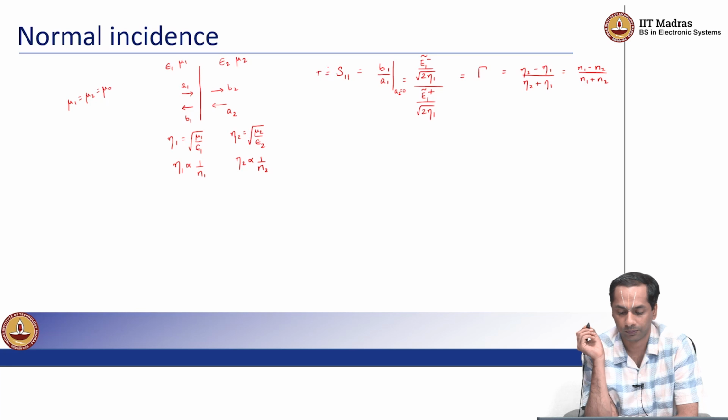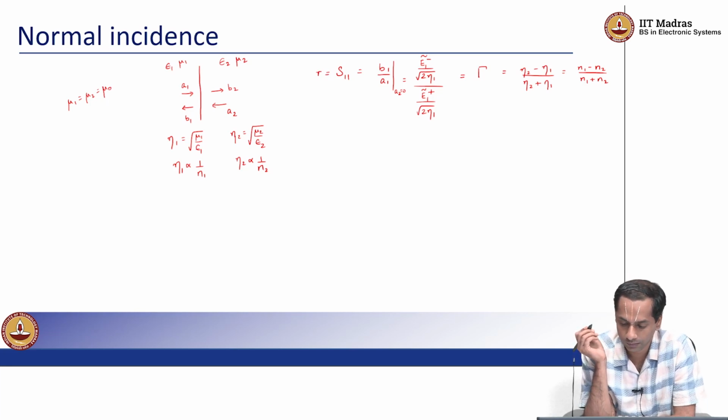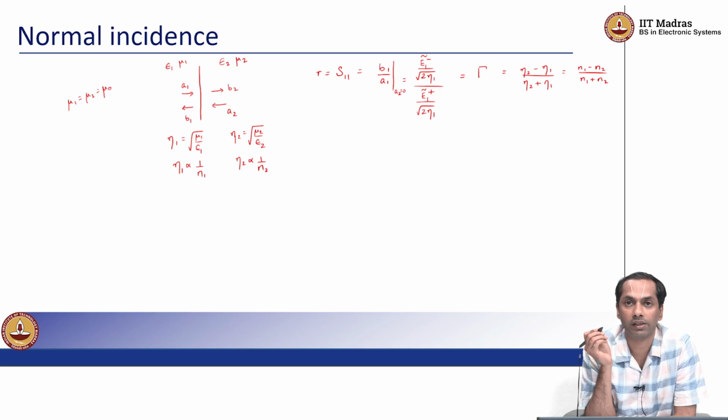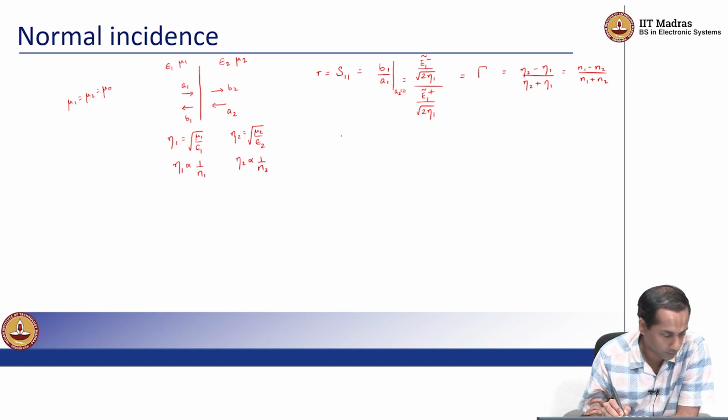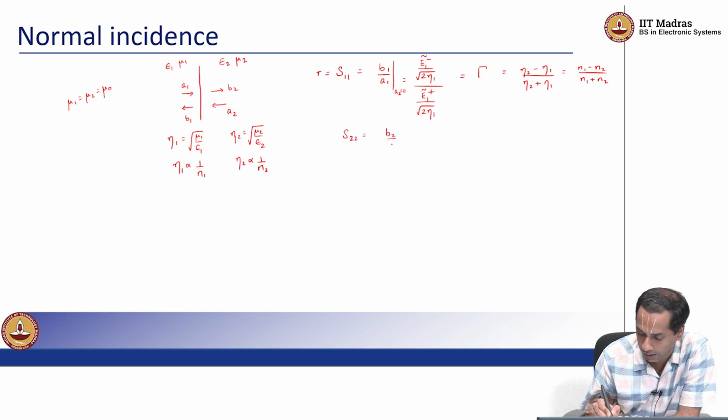right? So we are noticing that there is a relation between the scattering matrices and the gamma, but we should not say that they are the same, right? In some situations we may find relations between them. Okay. So similarly, S22 is B2 by A2 given A1 is 0, right?